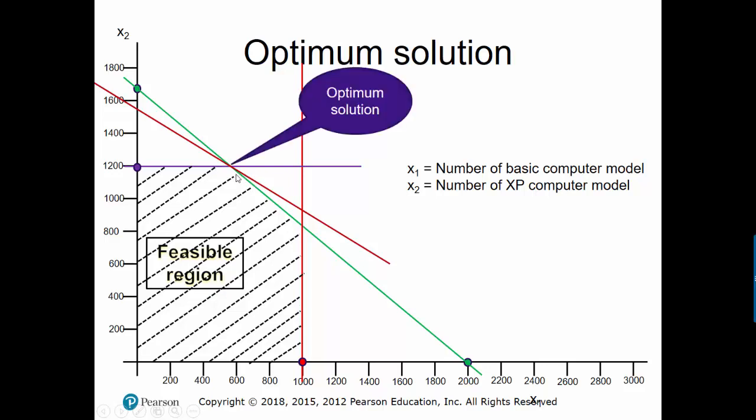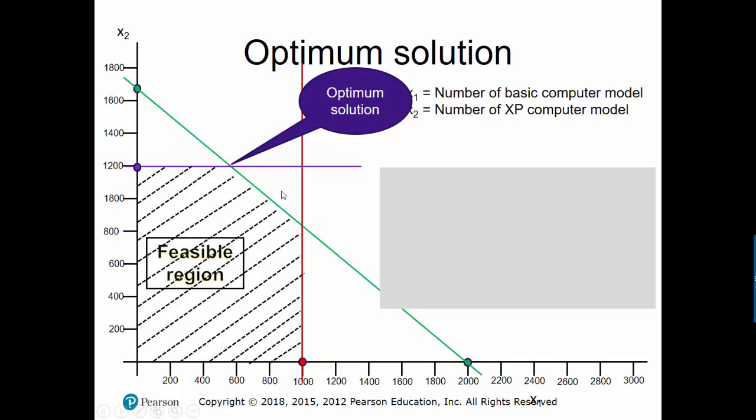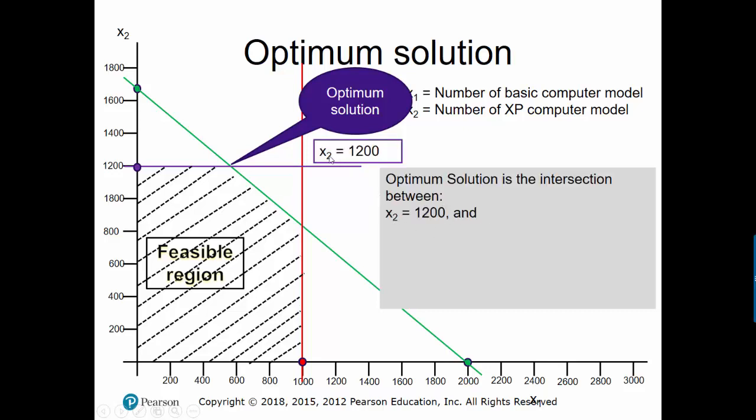And that is an intersection between the green and the purple line. Intersection between x2 equal to 1200 and 5x sub 1 plus 6x sub 2 equal to 10,000. So now we know the x sub 2 value.